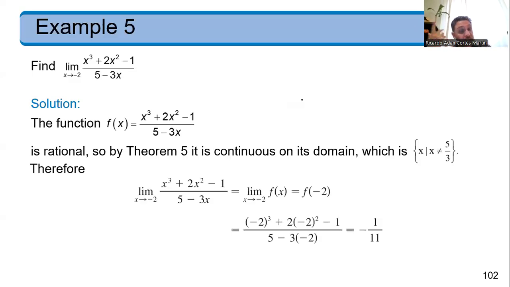Maybe the numerator is 0. That's not a problem. But if the denominator is 0, then there is a problem. So all we have to do is substitute. And by direct substitution, we get that the limit is -1/11. So no problem with that.